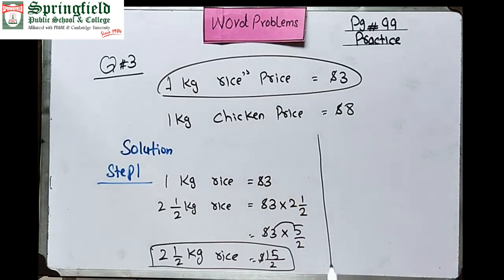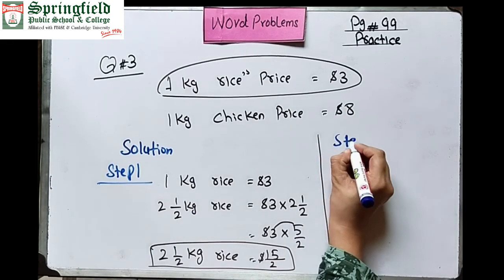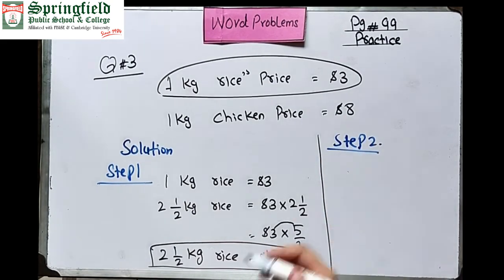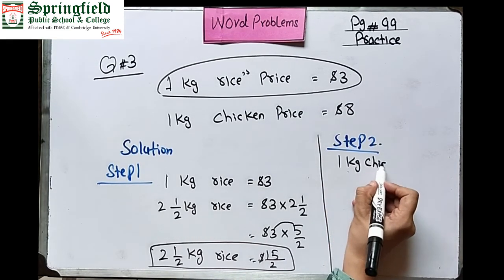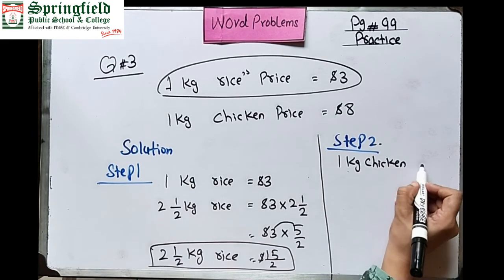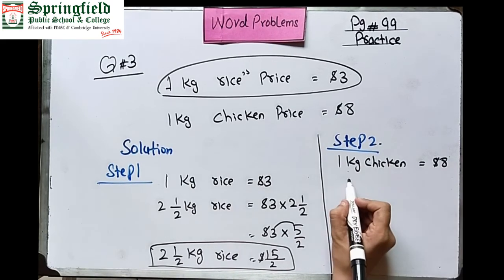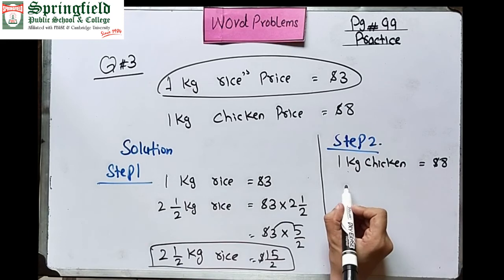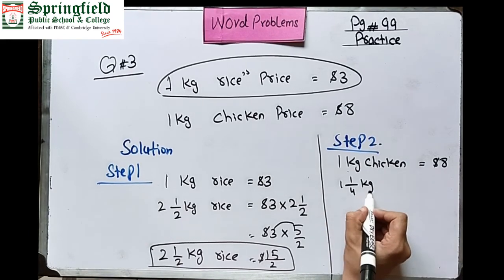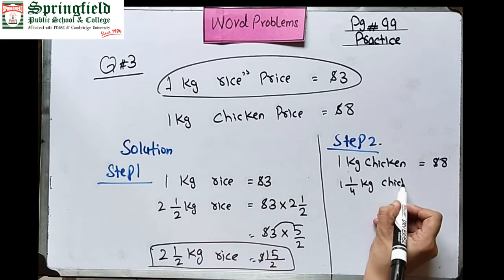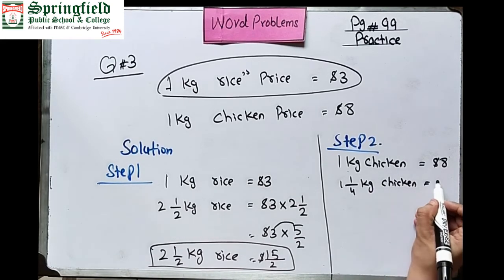Now in the second step, step 2, find out the price of chicken. 1 kg chicken is equal to $8. Fine. And then 1 whole 1/4 kg of chicken is equal to what?